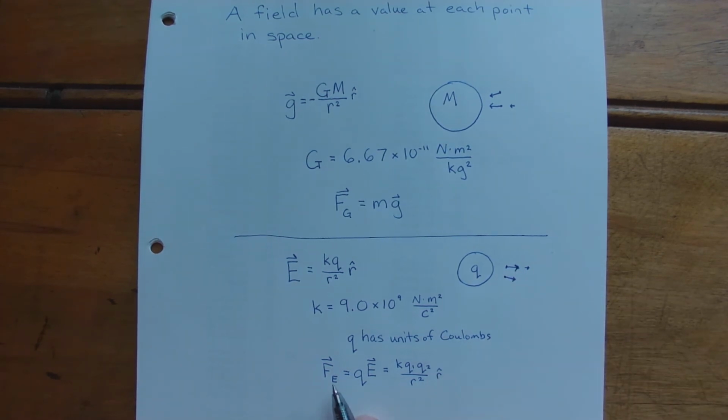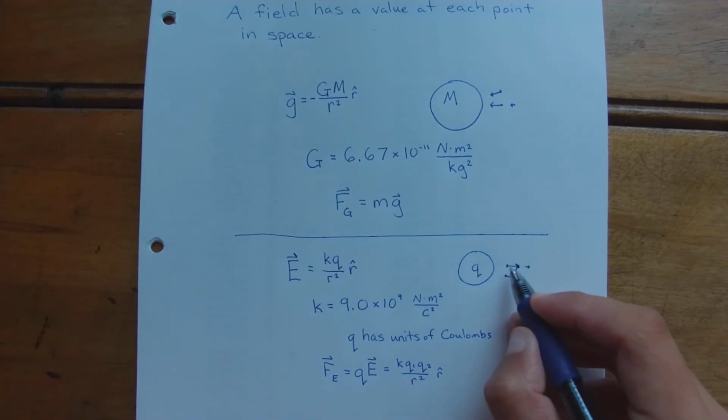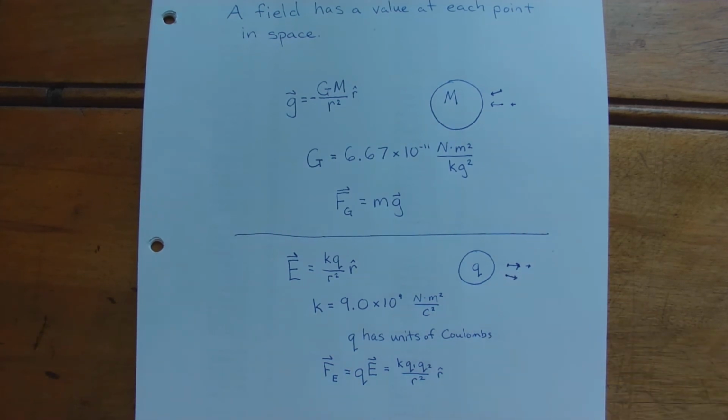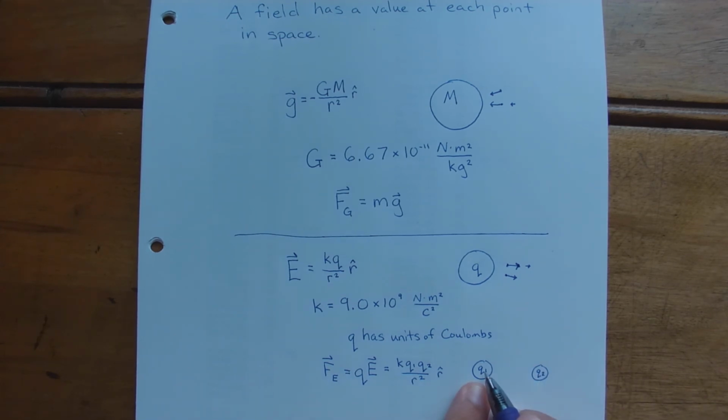Okay, now to have a force, you have to have another charge at some point in space which is experiencing the force. And so if we did this, Q1 and Q2, this charge has a field, and you could find the value of that field at this location where Q2 is.